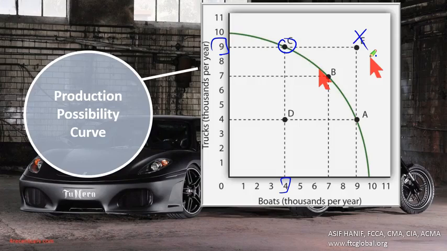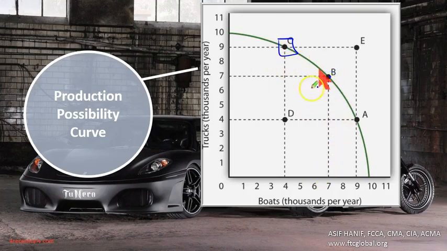We can't go to E because we can't produce above the production possibility curve. Our productive resources will not allow us to go to point E. So right now we are at point C, where we are producing 9,000 trucks and 4,000 boats. If we want to produce more boats, we'll have to move to point B.